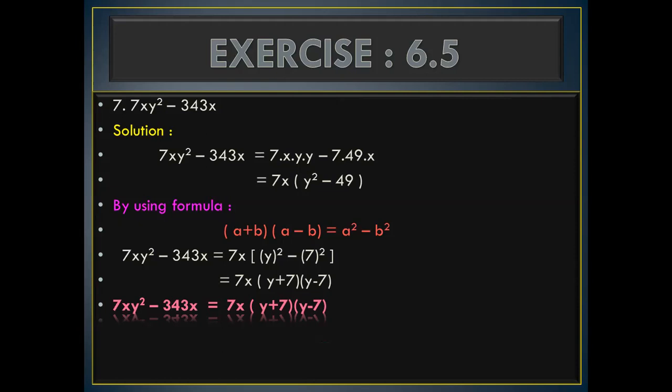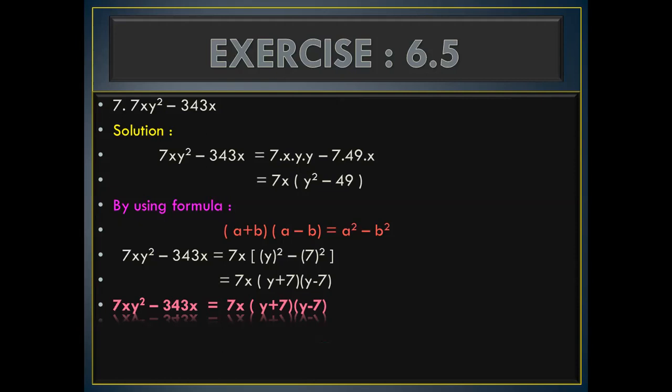Then come to the second term, 343x. 343 is not the square of any number. You can take the square root of 343 and you can see that you cannot find a whole number. Your answer will be in decimals. And again, x is not the square of any number.